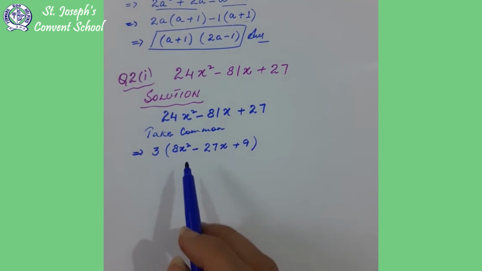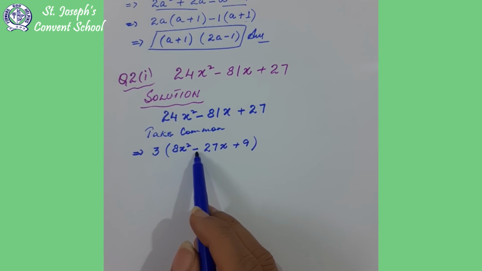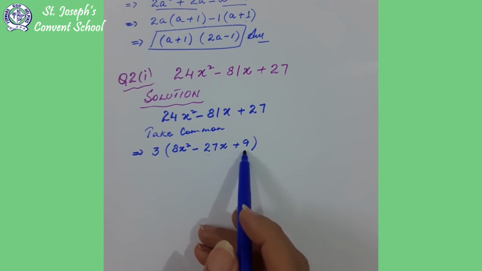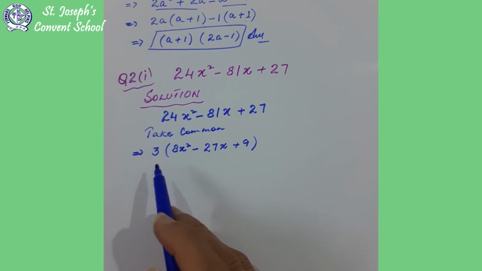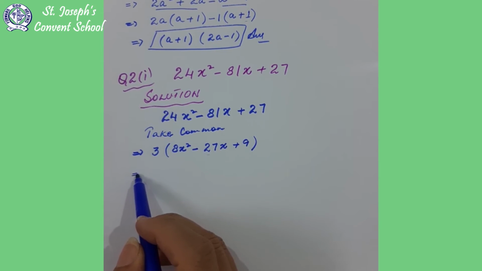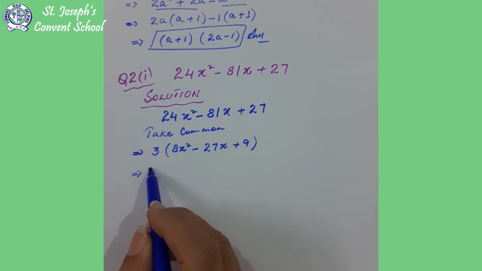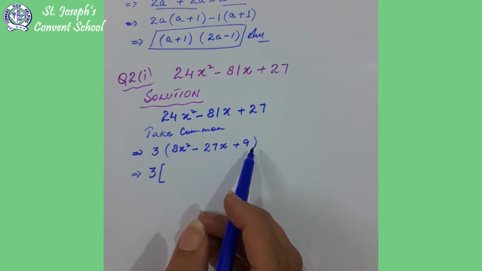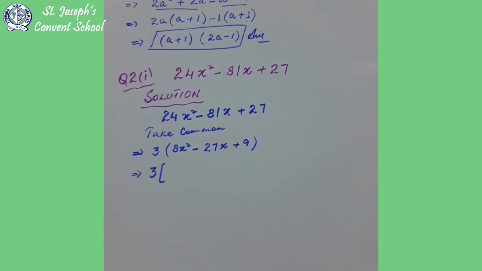Now the expression is 8x square minus 27x plus 9, and we'll make factors of this. This 3 you will write as it is. You don't have to do anything with it, just copy it, and make factors of the remaining expression.